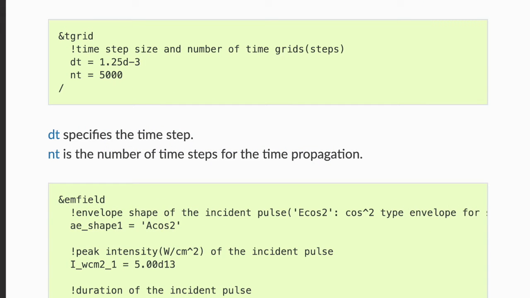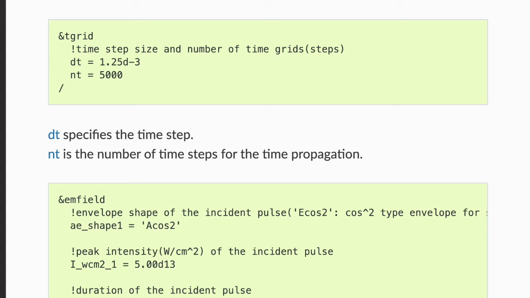The namelist tgrid specifies content related to time increments. dt specifies the time interval for calculating the time evolution of the wave function. Here, the time interval is 1.25 times 10 to minus 3 fs.